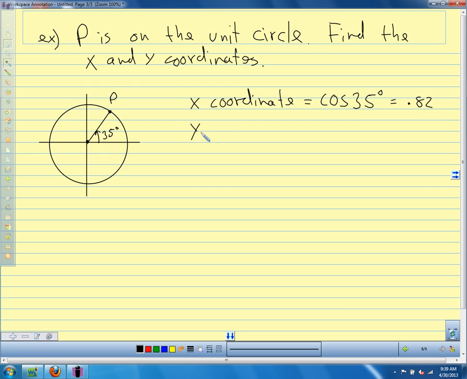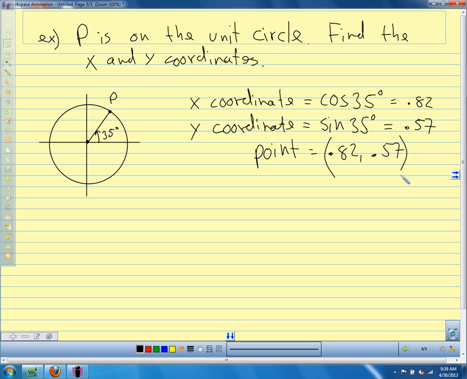The y coordinate is the sine of 35 degrees, which is about 0.57. So our point is 0.82, 0.57. So those are our coordinates.